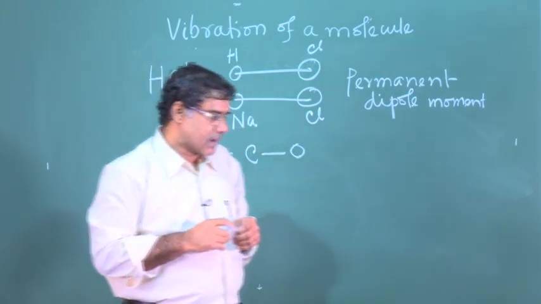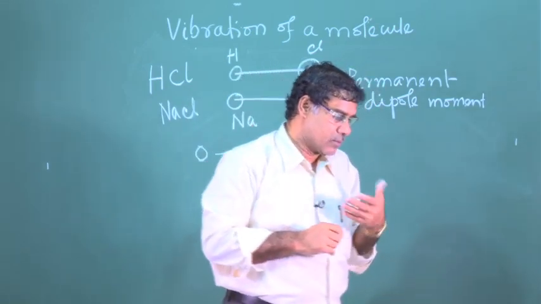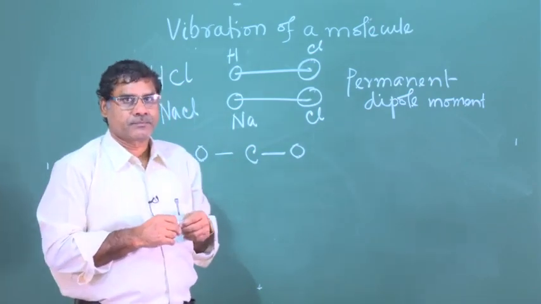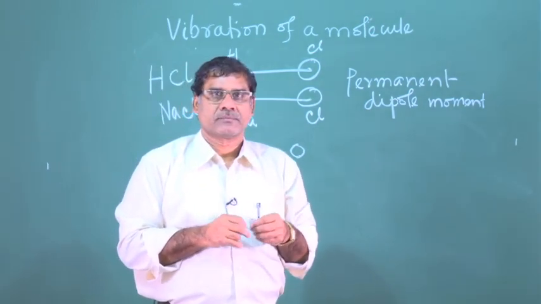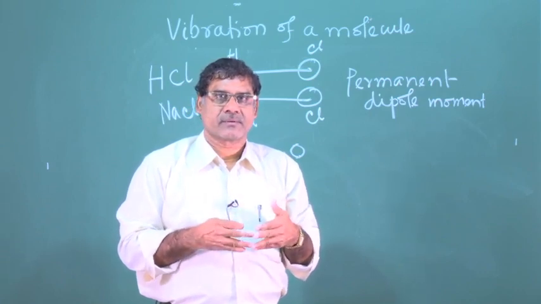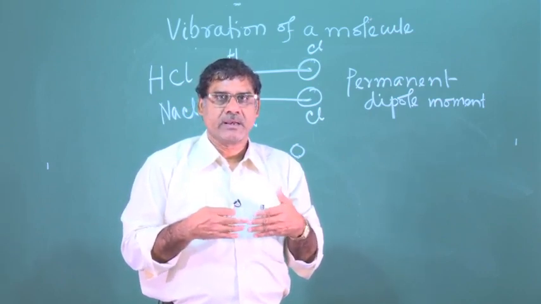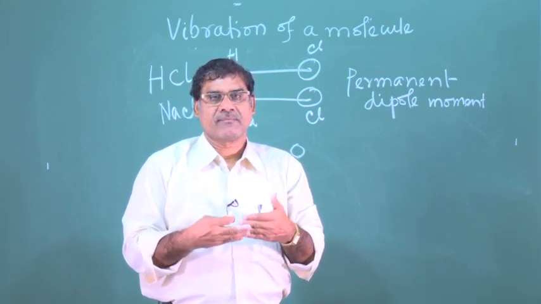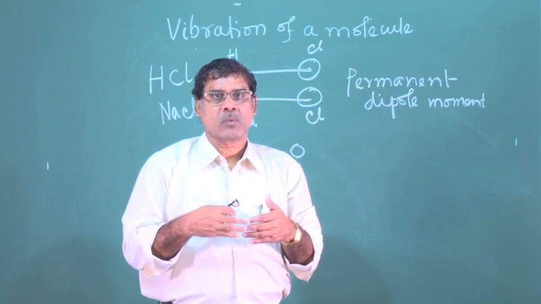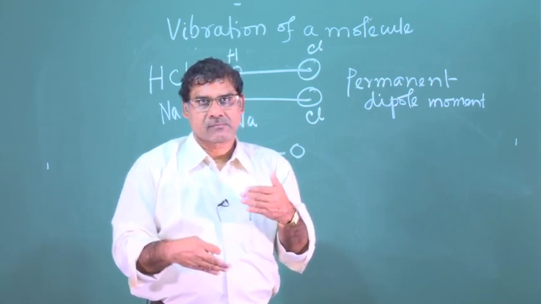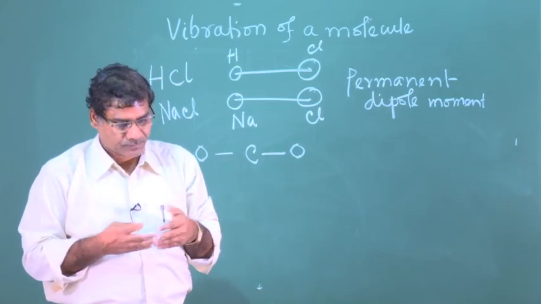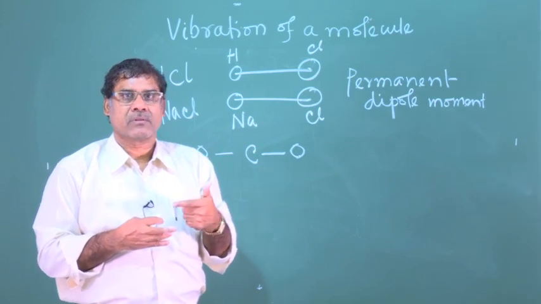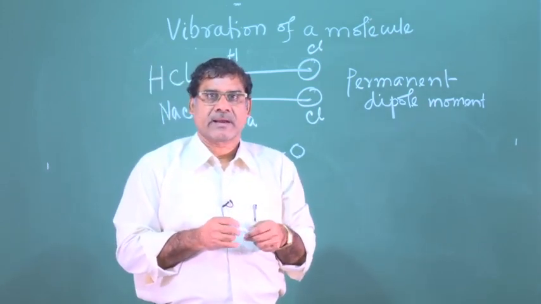Carbon dioxide has no permanent dipole moment, but due to vibration it may happen that there will be an induced dipole moment, and with vibration or with time this induced dipole moment fluctuates, and then that molecule will be infrared active.